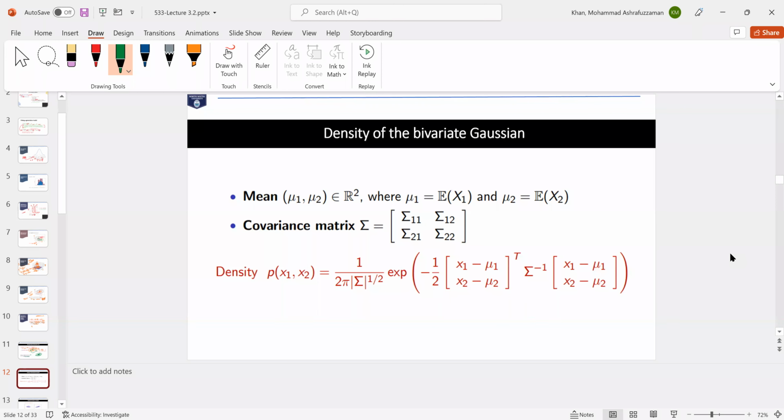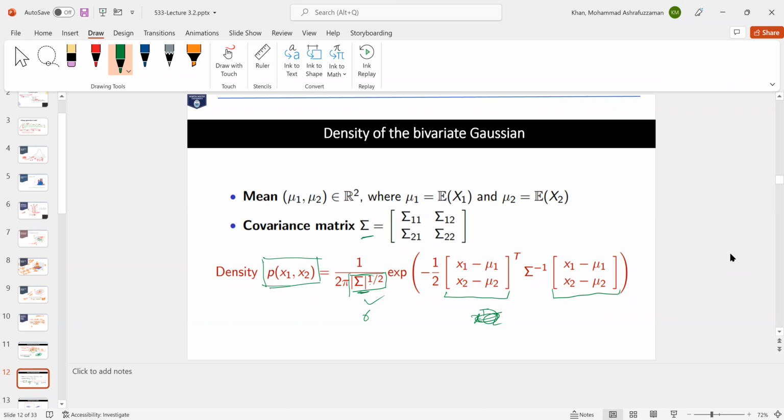Now this is the equation for the density of the bivariate Gaussian distribution. Again, we see here, instead of using sigma square, root of sigma square, basically sigma, we use the root of the determinant of the covariance matrix. And then instead of using just the values, now we are using x transpose.